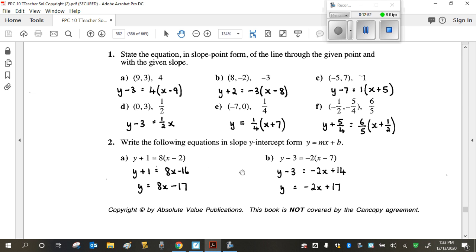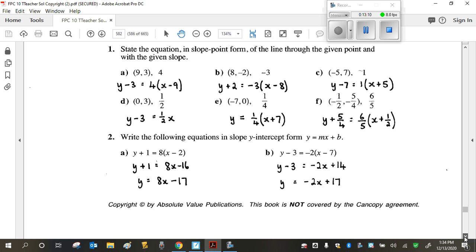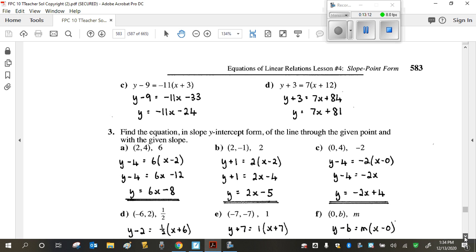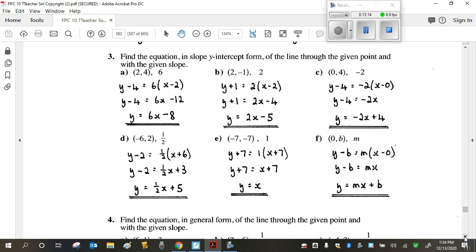Okay, so they're just giving you the point here, which would be 2, negative 1. The slope is 8. They just did the first step for you and asked you to do the distribute part and solve for y, which is good. But the question I'm going to ask you is number 3, not number 2. There it is. Find the equation in slope-intercept form.